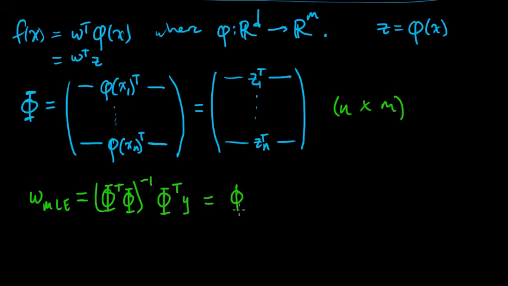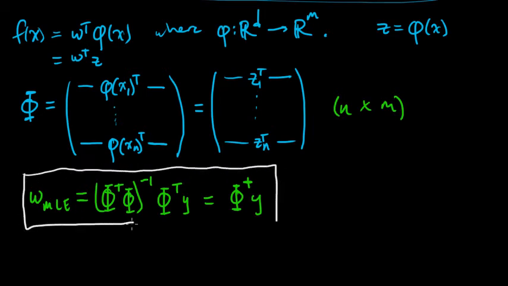Or, easier to write, it's the pseudo-inverse of phi times y. And that's it. All the argument above goes through just fine, and this is how you can model nonlinearities in the x's.